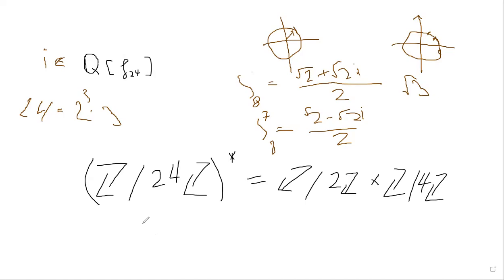And so I think it's Z over 2Z to the power 3. Let's check real quick. We have Z over 8Z star, and we know that it doesn't have an element of order 4.